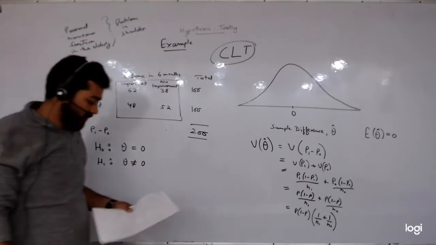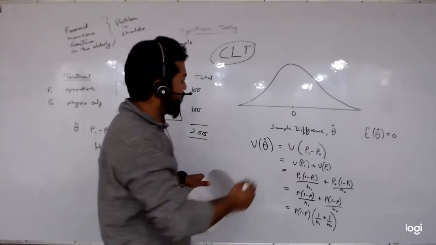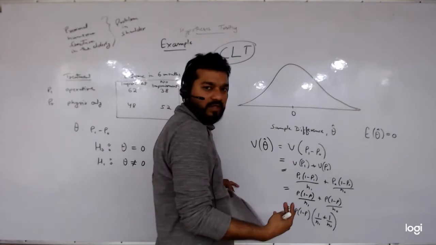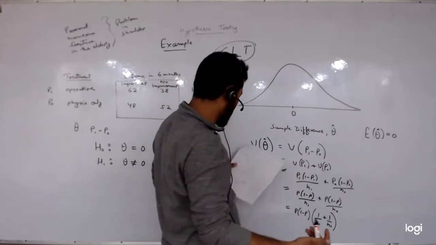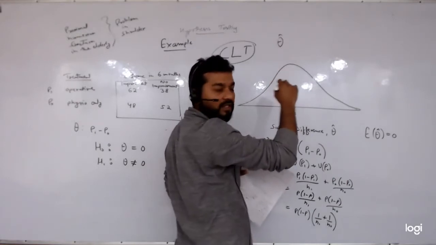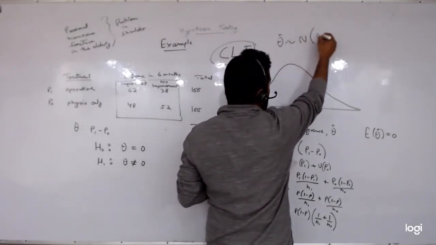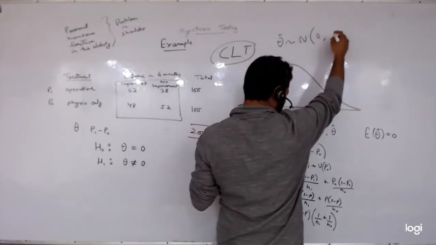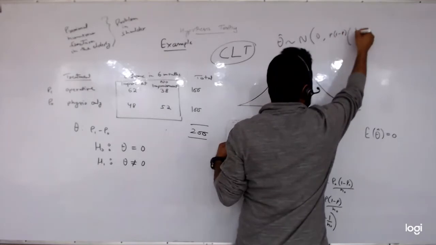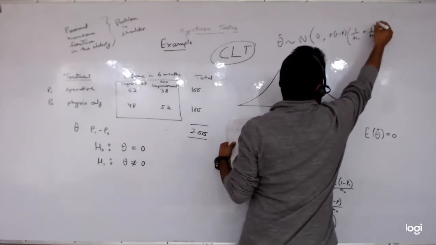Now if we're drawing this normal, normal has two parameters and we now have both of them. So we'll say that the distribution of this statistic follows a normal distribution with parameters 0 and P(1 minus P) times (1 by N1 plus 1 by N0).